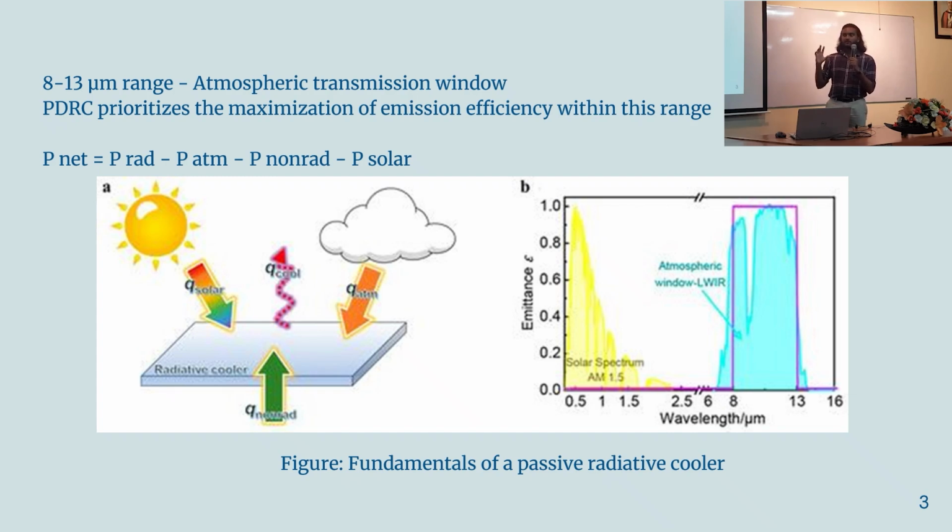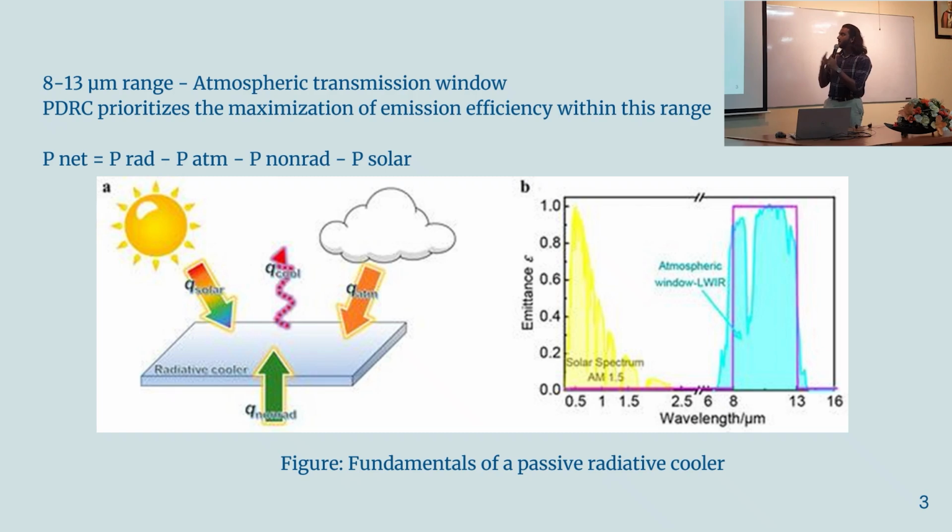So it's what we want to do, right? We want an object to cool down without warming the surroundings. Now, if you use an AC, it will cool the inside of a building, but will emit a lot of energy outside. Here, it will not warm the surroundings and will also cool efficiently.